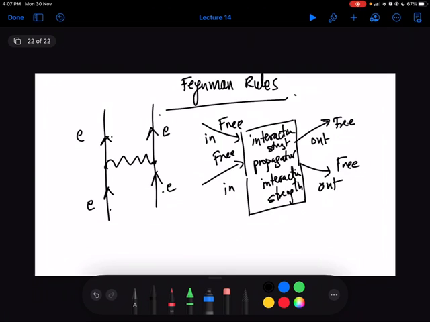This is in. So these are the in states, and I mark them in some blue color. The out states I mark in green color.